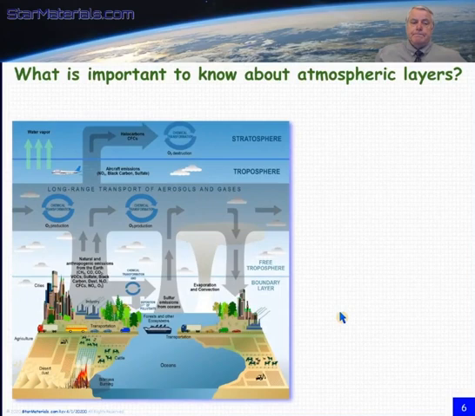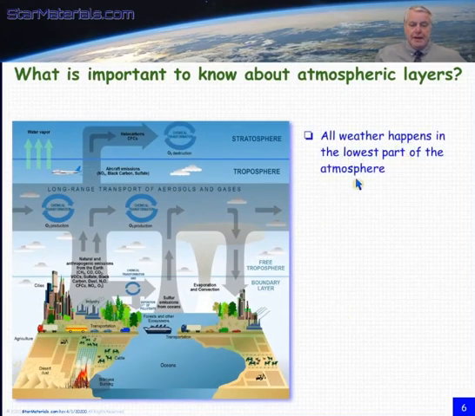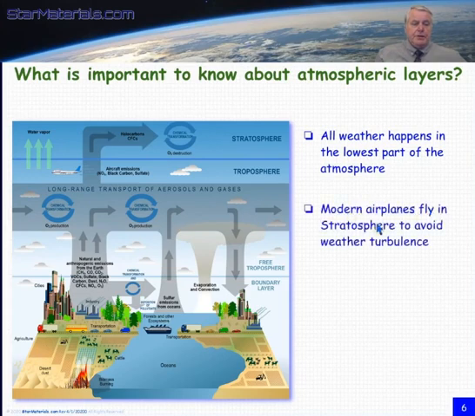Now, all the weather happens in the lowest part of the atmosphere. That's in the troposphere down here. Modern airplanes fly in the stratosphere to avoid weather turbulence.